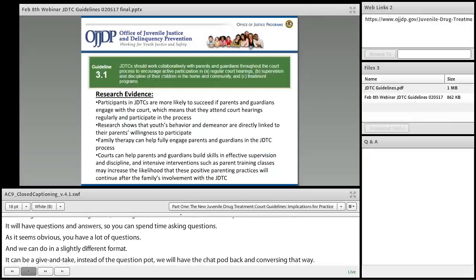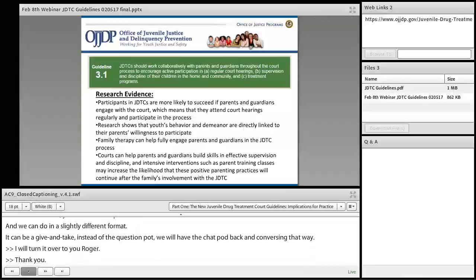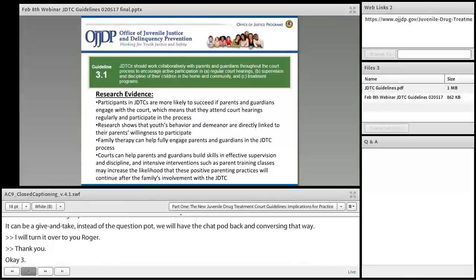Okay, very good. All right, so Objective 3 starts to look at the structure of the drug treatment court and how the different professionals involved are going to participate here.